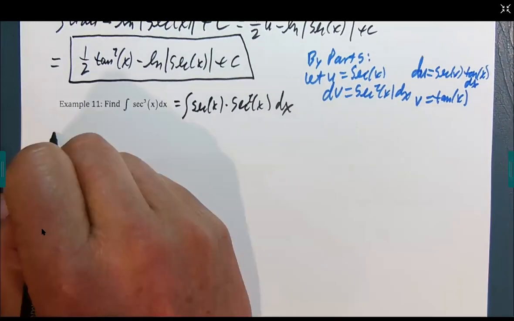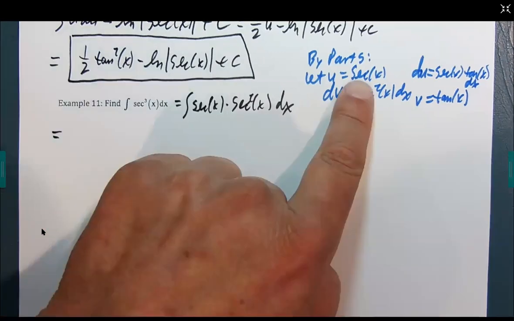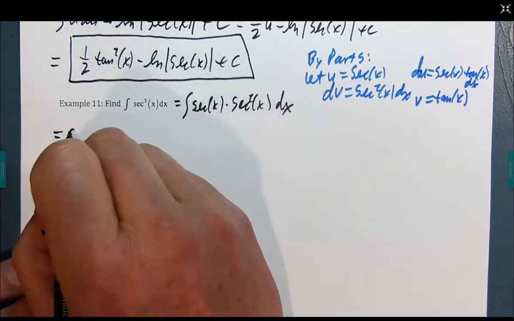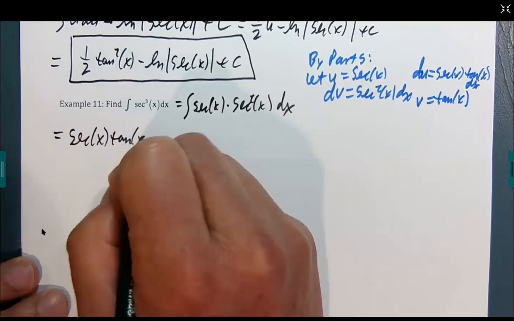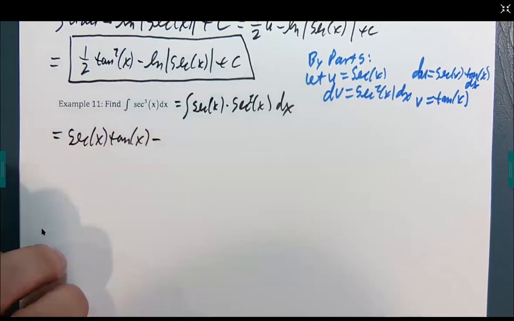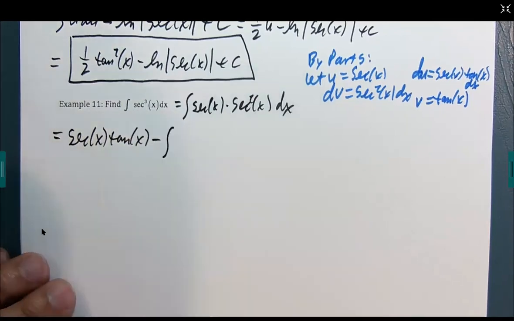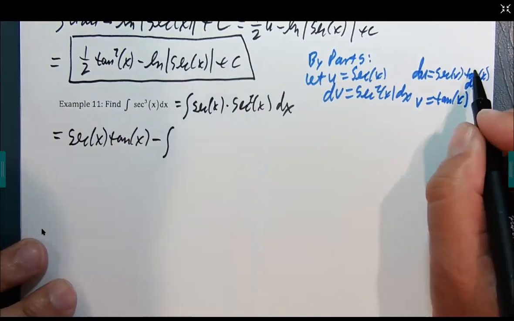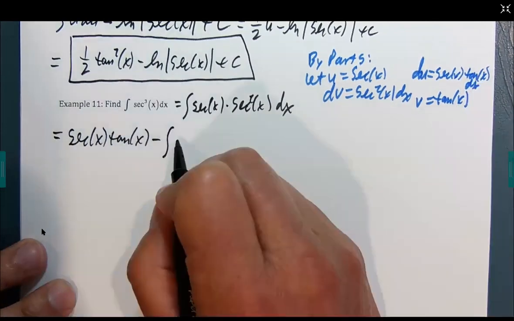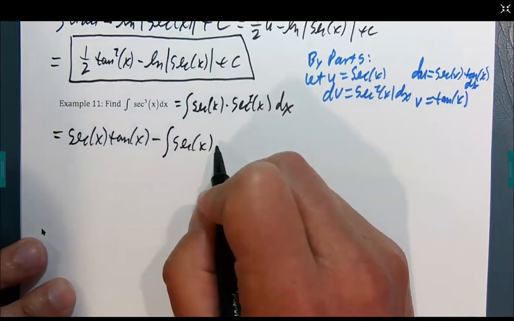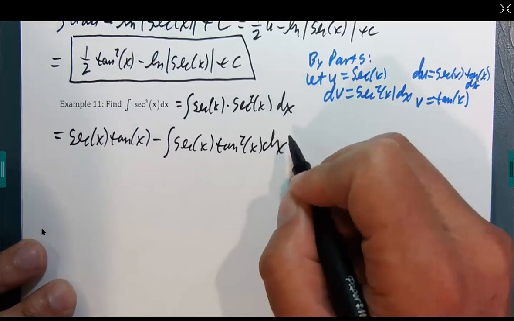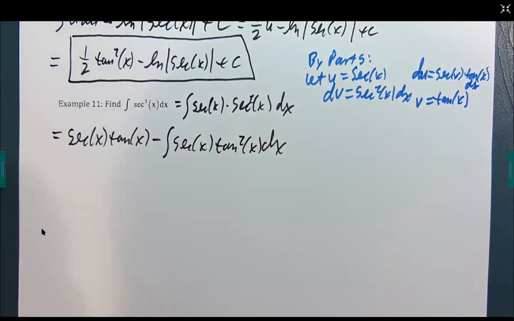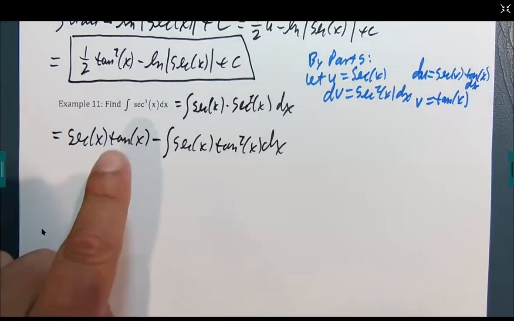So let's put it all together and see what we get. If you remember, it's u times v, that's secant tangent, minus the integral of v du, of v, which is tangent, times here's du. So notice I'm going to get tangent squared here. All right, and remember, all this is equal to secant cubed.